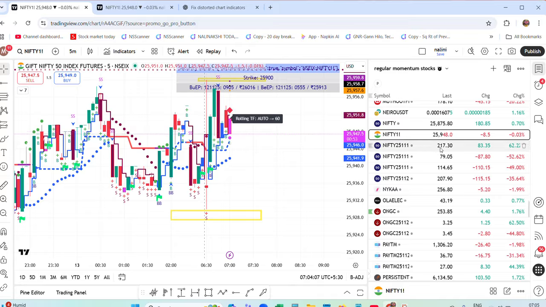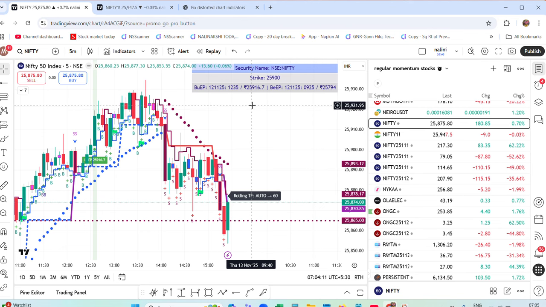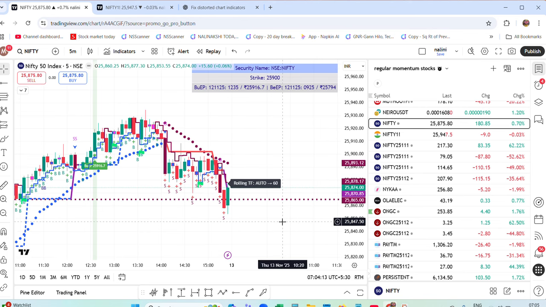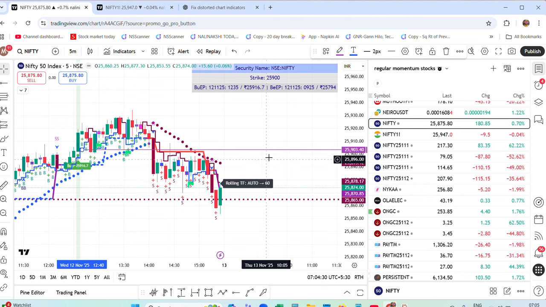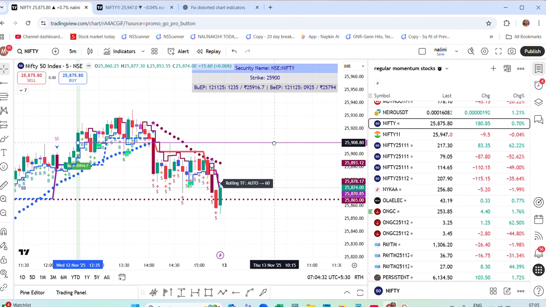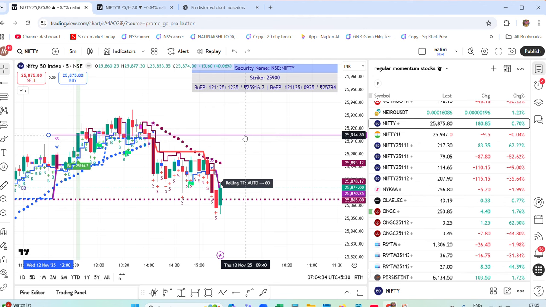may come up to this. Underlying Nifty may trade up to this. We need to see it may come up to this. Then we need to see whether this episodic pivot, this line, 25,960, last hour, 25,960.